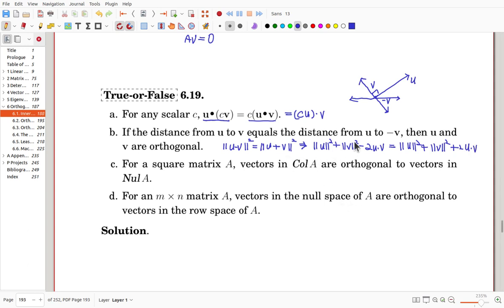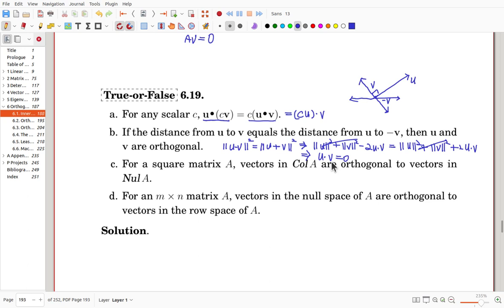They're the same, and after canceling, we can say that u dot v is 0. So from this assumption, we reach u dot v is 0, which means u and v are orthogonal.